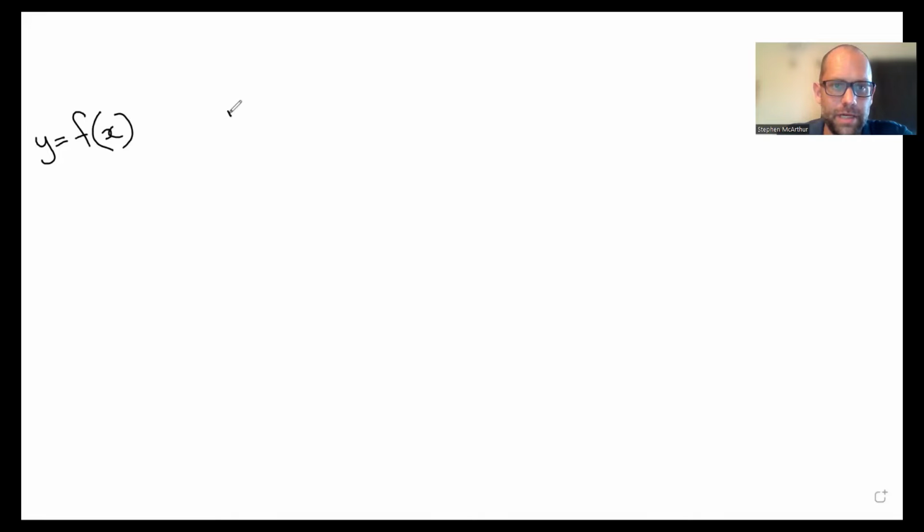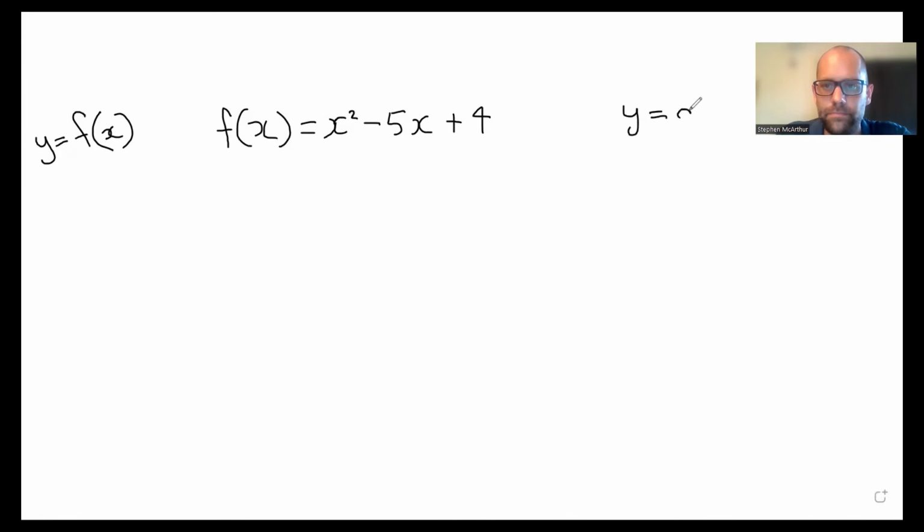So I'm going to do that in black for myself. F of x is equal to x squared minus 5x plus 4.